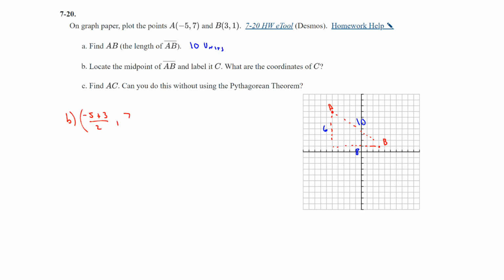Take your y coordinates 7 plus 1, divide that by 2, and that would give you -2 over 2 and 8 over 2. So -1 comma 4, right here, it looks like. That will be point C, and that's at -1 comma 4.